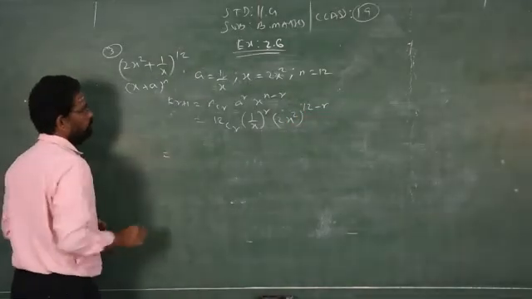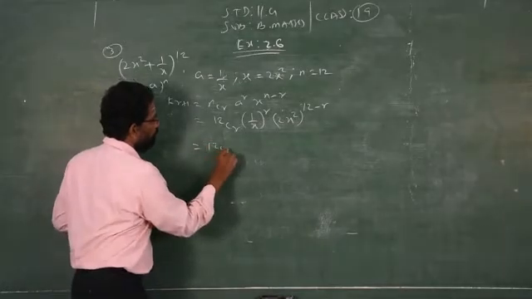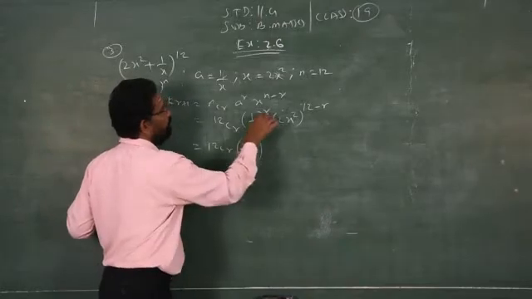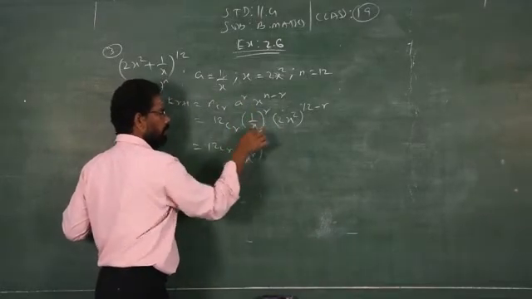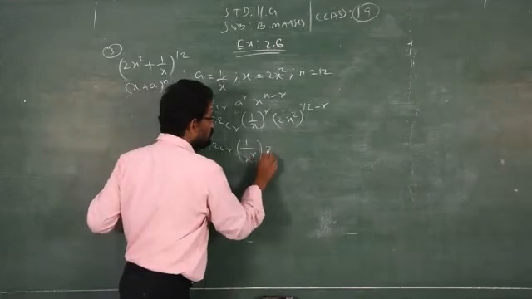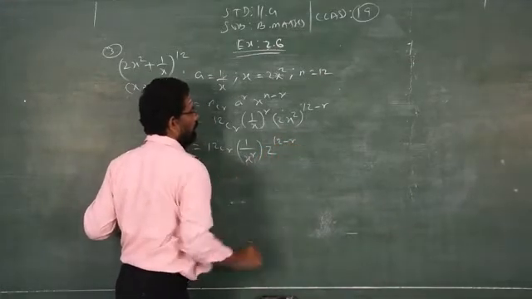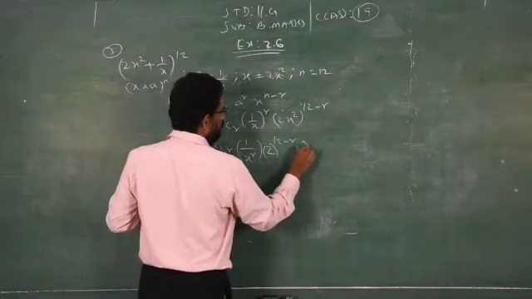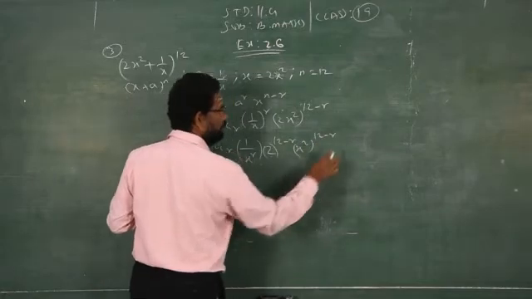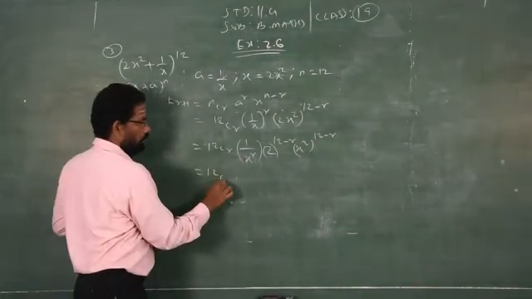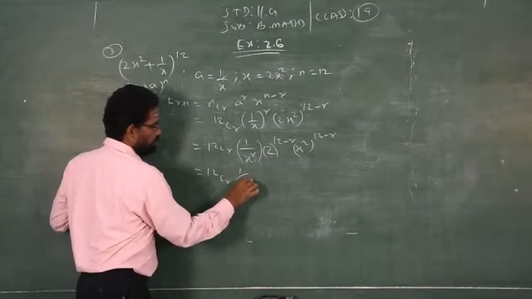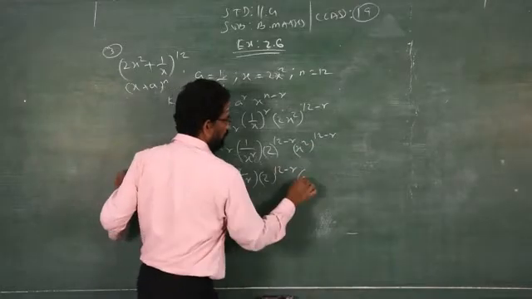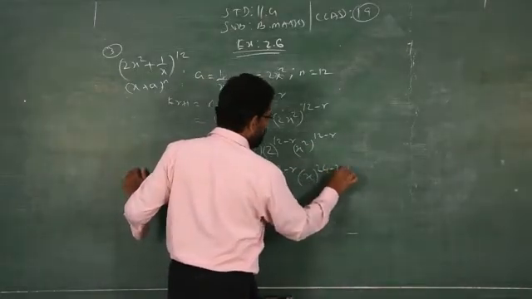As usual, 1 by x power r. 1 power anything is always 1, so x power r. Then separate 2 power 12 minus r, then x square power 12 minus r. Multiplying, we get 12Cr, 1 by x power r, 2 power 12 minus r, x power 24 minus 2r.